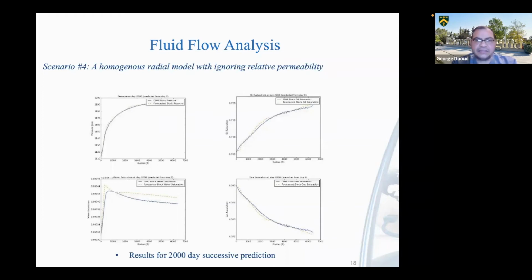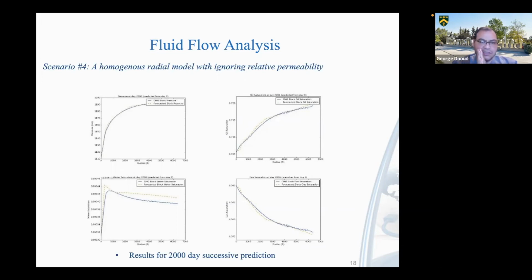And the second is a successive prediction mode, in which the prediction is done successively from the first day until the end of the production. This adds more complexity to the model, because we have a risk of error accumulation here, but the result was good.